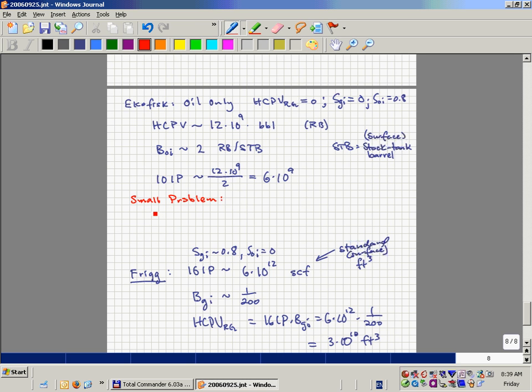Because it ends up that in Ekofisk, strangely enough, there's an initial gas in place of approximately 6 times 10 to the 12th standard cubic feet. But there is no gas saturation. Something's strange. Something's wrong with the equations that I just gave you.